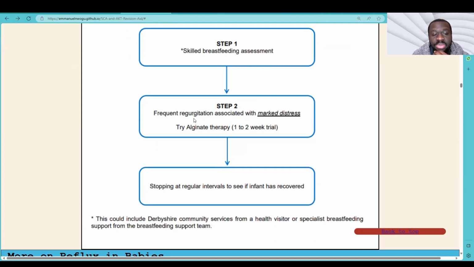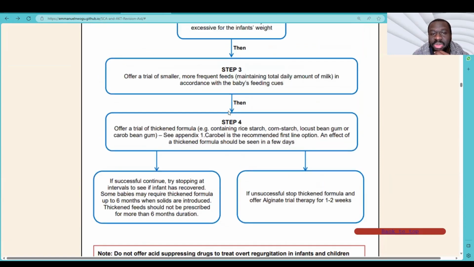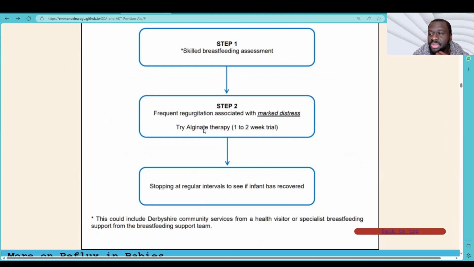So that's obviously abuse, child abuse. So step 2, with frequent regurgitation associated with marked distress, try alginates. So at that stage, you can't be talking about reducing the amount of feeds, because you can't calculate how much breast milk the baby is having, right? Babies exclusively breastfeeding.